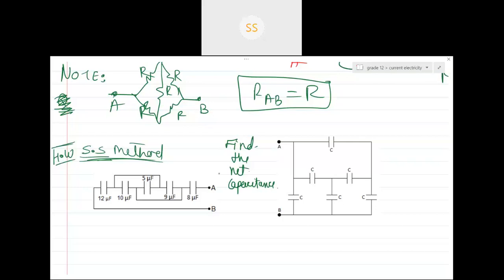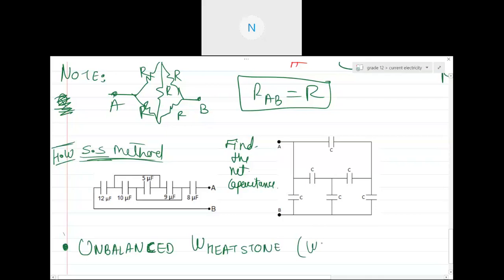Yes, sir. Everyone done noting down? Yes, sir. Now write down unbalanced Wheatstone. What will you do in the case of unbalanced Wheatstone? Without any symmetry.